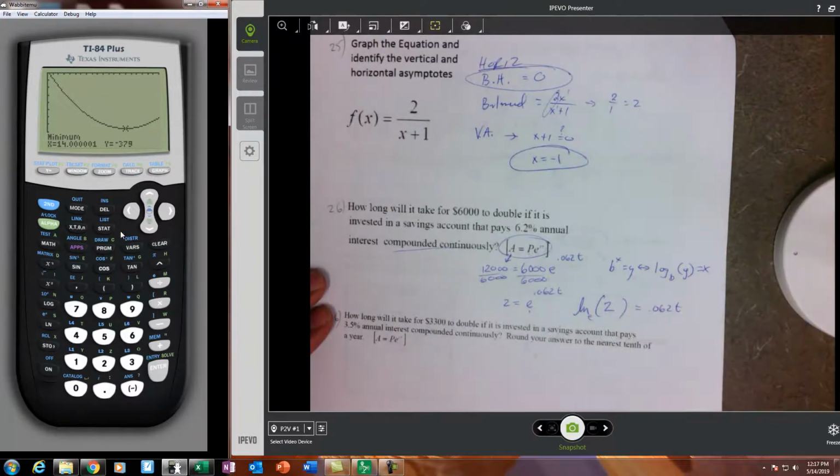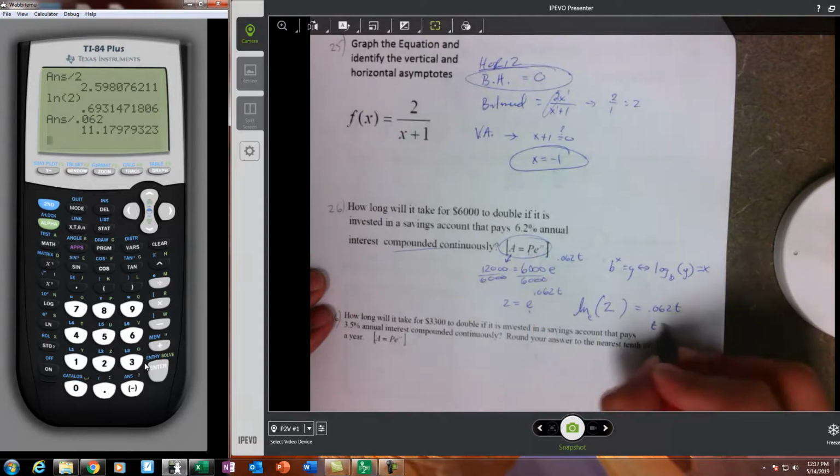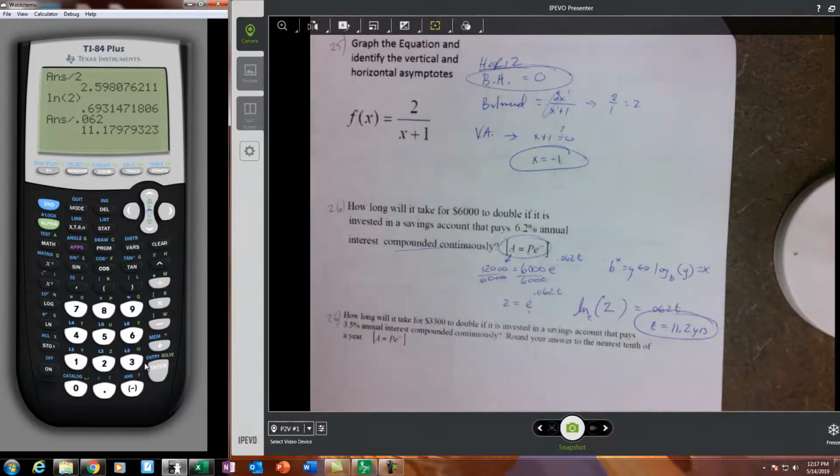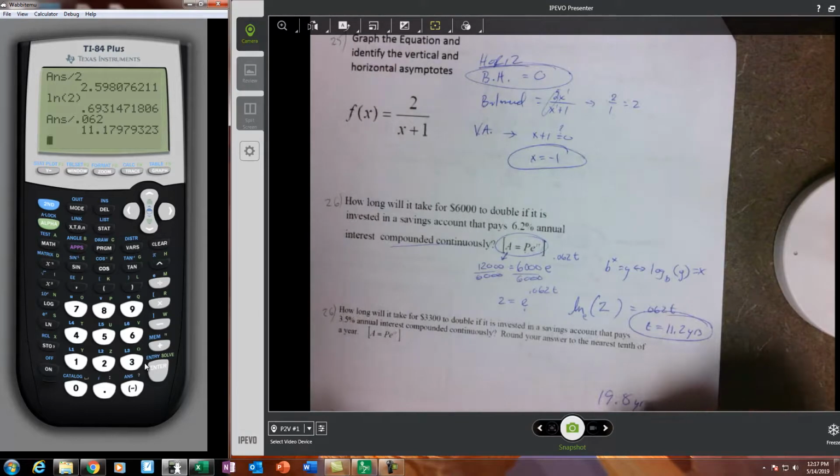So I'm going to take the ln of 2 in my calculator and then I'm going to divide that by 0.062. And that gives me a time of approximately 11.2 years. If you do the same thing on the other question 26, you should get 19.8 years.